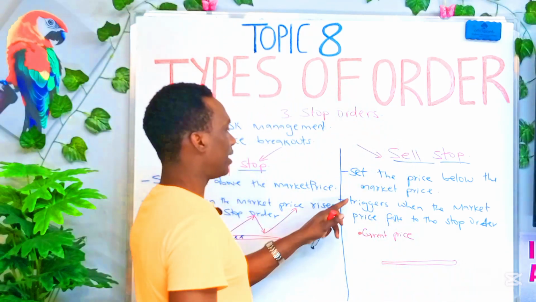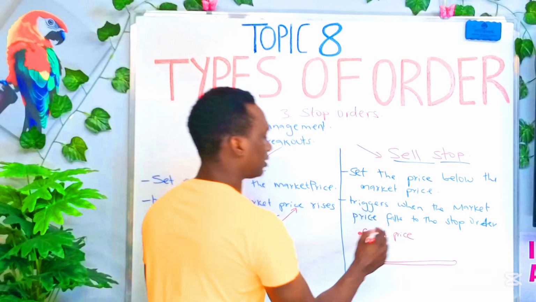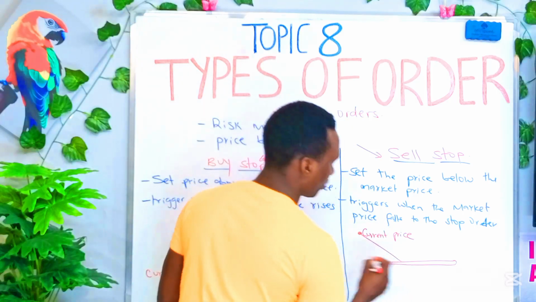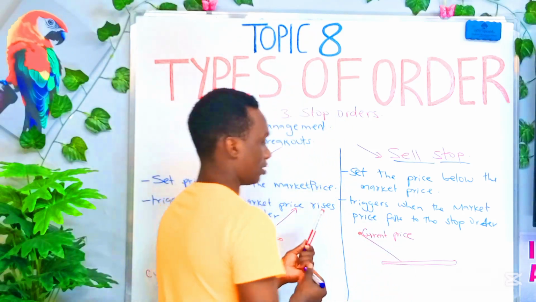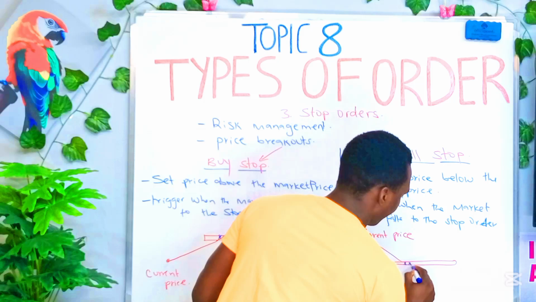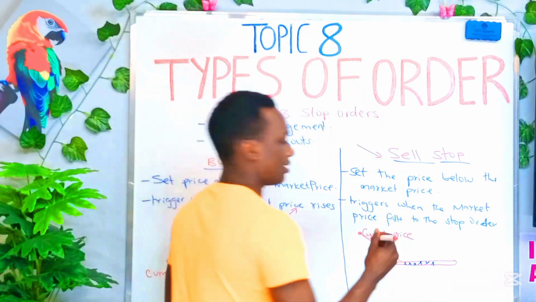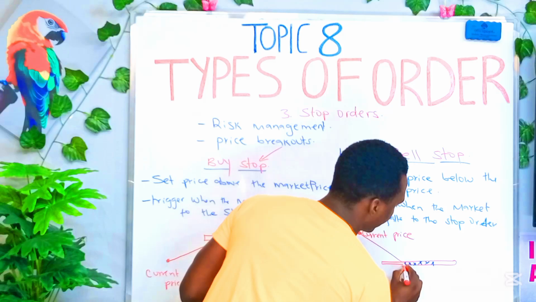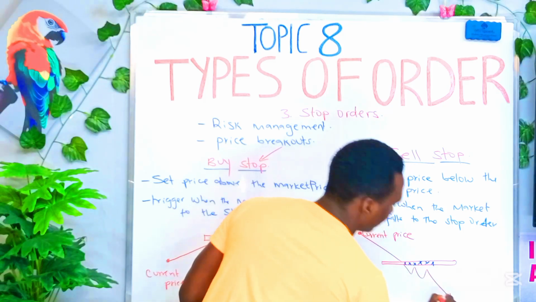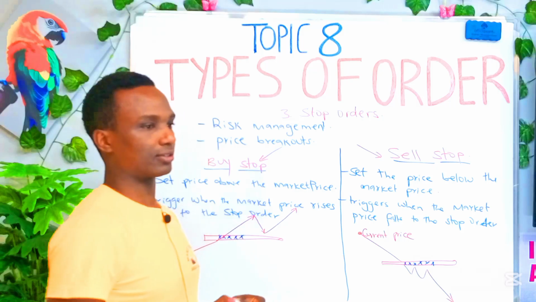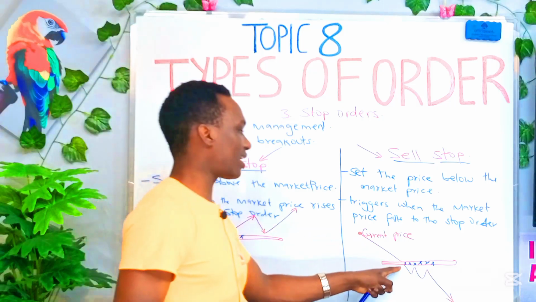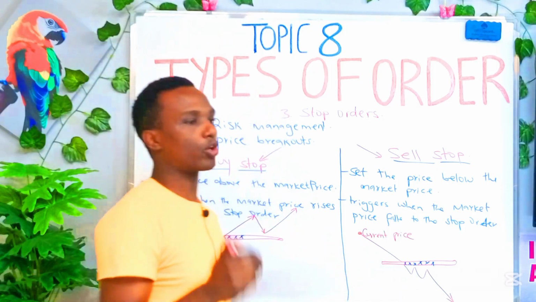It only triggers when the market falls to the stop order. We have our order here, and the price will trigger it. It gets us into the trade, and then it falls. It gets us into the market and we continue selling.